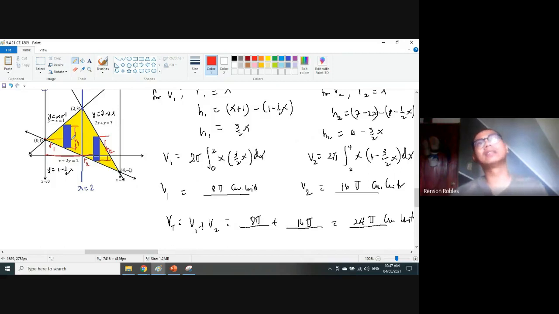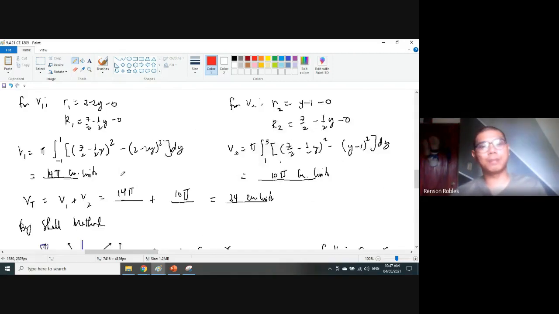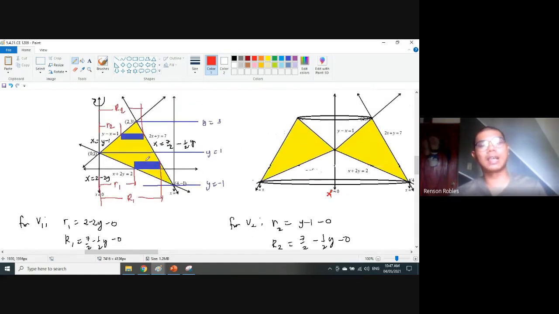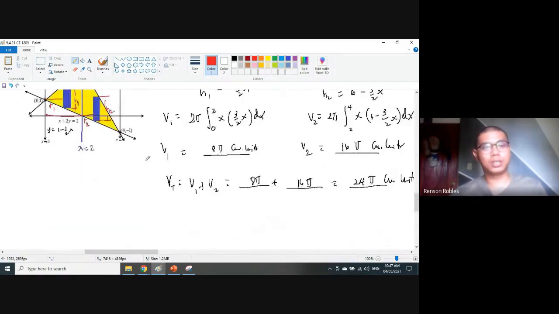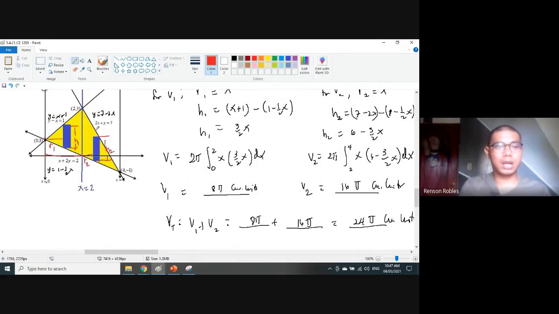But when we are referring to the centroid, I think it would be better if you use the horizontal element. Why? Because of this concept: the x-axis overlaps with this element. So the question is, sir, what would it be? Is YC one half of y upper plus y lower, or one half of y upper minus y lower?